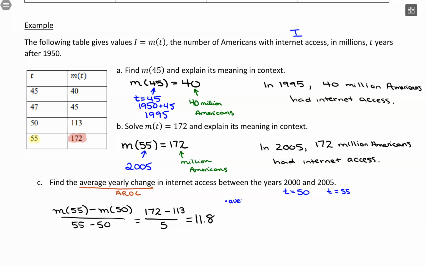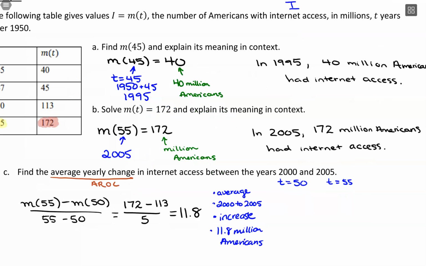Again, we need to make sure we talk about this as an average. The change in x, they kind of outline it for us as we're looking from 2000 to 2005. We're seeing an increase here because it's positive rate of change. And then the amount of change is 11.8 million Americans.